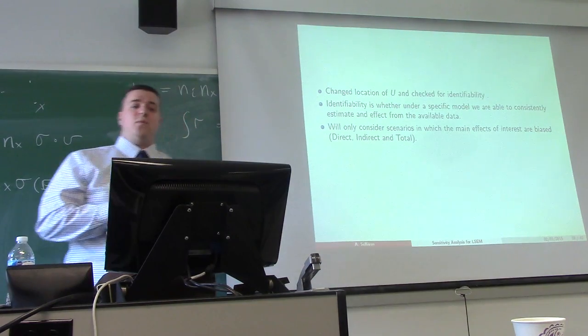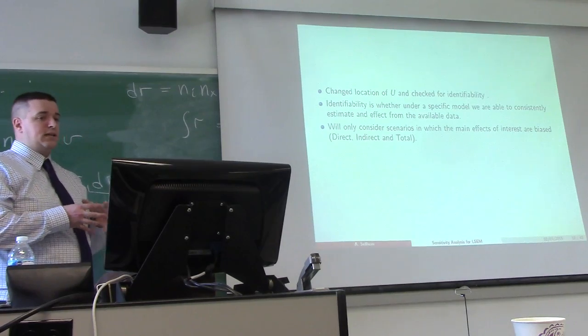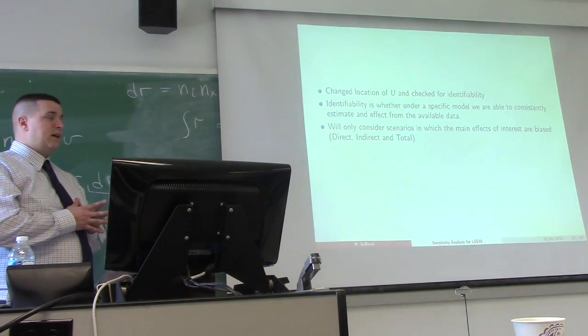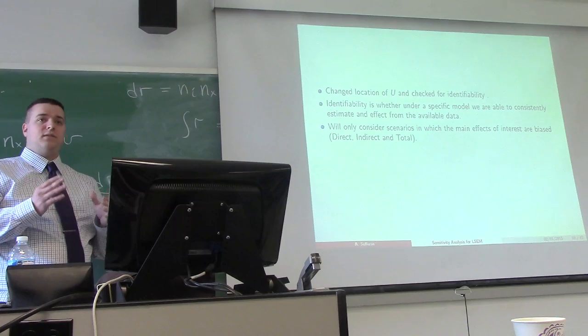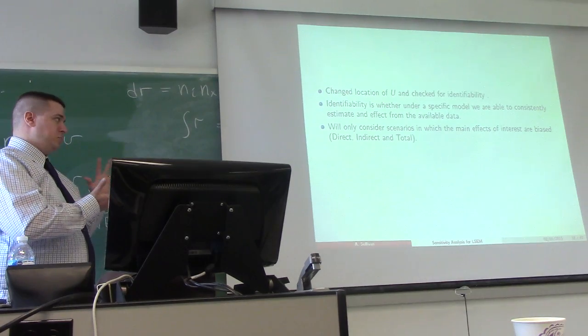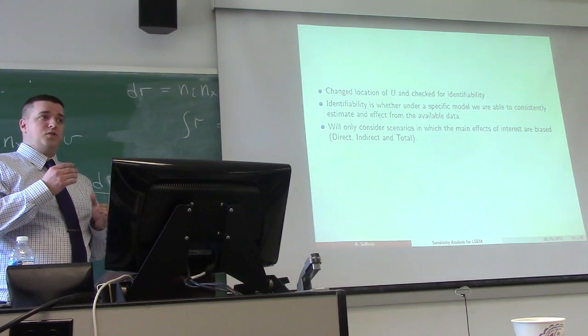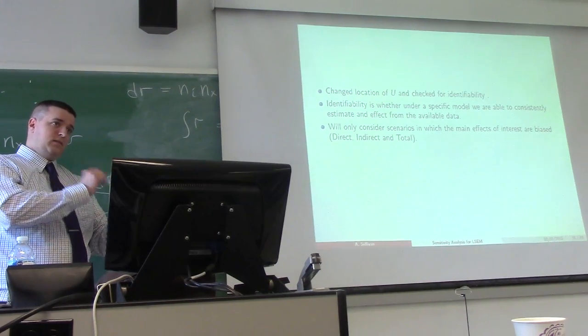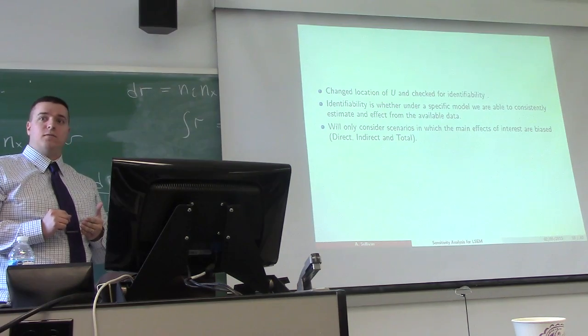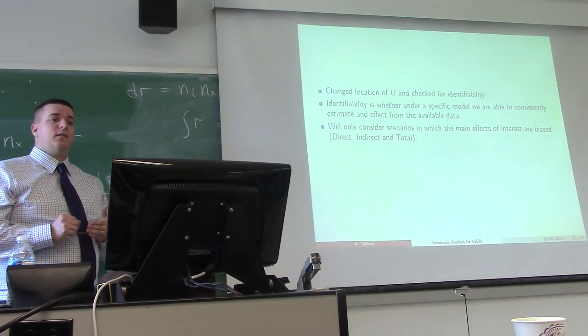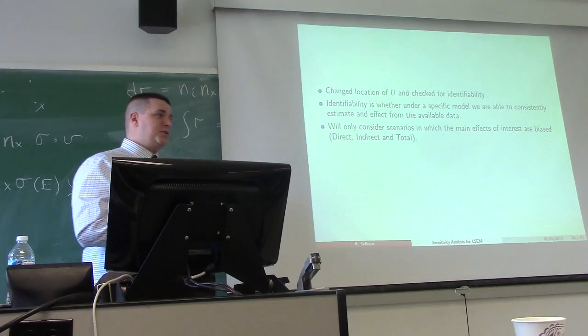Okay, so when I have this identified, I can then take my statistical software. You could actually do a lot of this out with matrices, and you can find a numerical value for an effect estimate. If it's not identified, you aren't going to be able to do that.